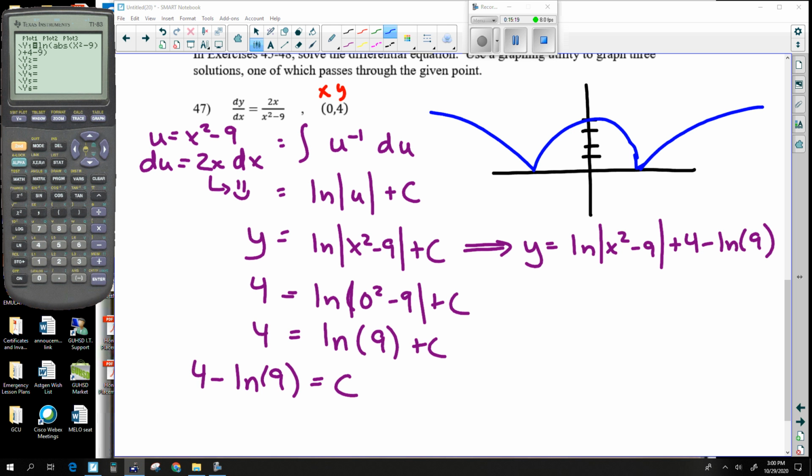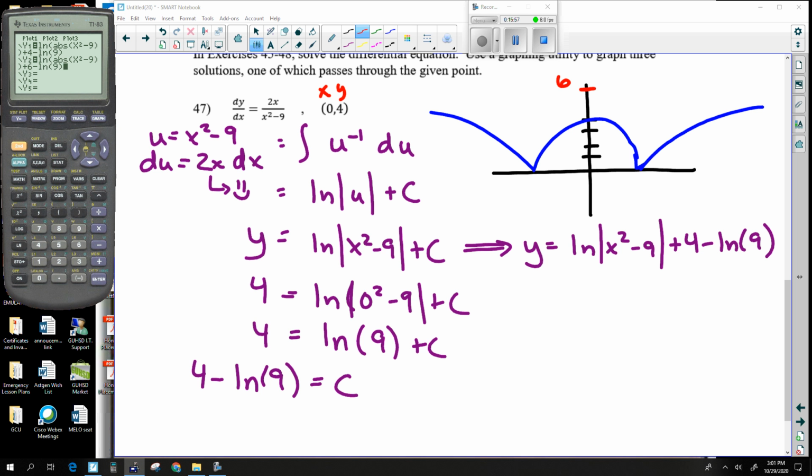Right? Yeah. So if I change that to like ln of absolute value of x squared minus 9, let's turn that y value, let's say I want it to go through the 0, 6, and so that would mean this 4 is now a 6 minus ln of 9.